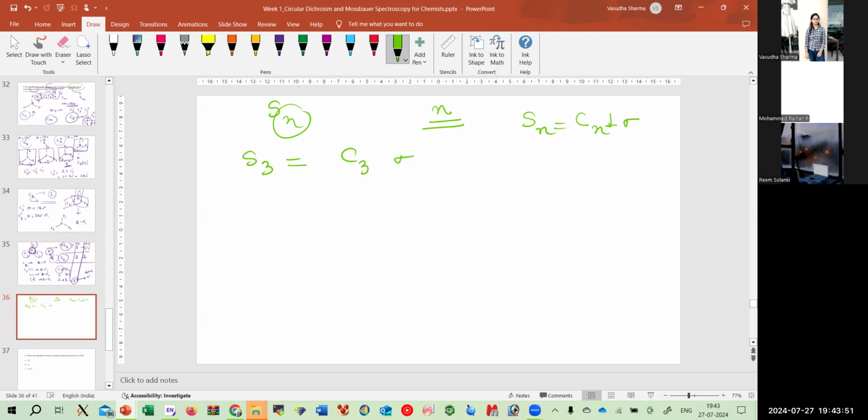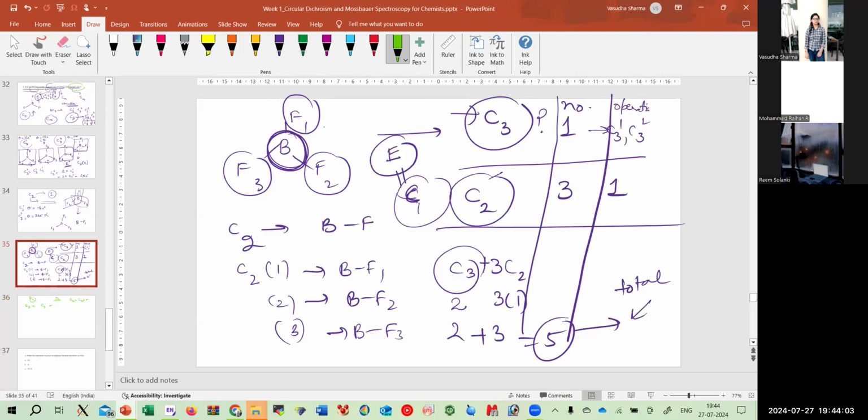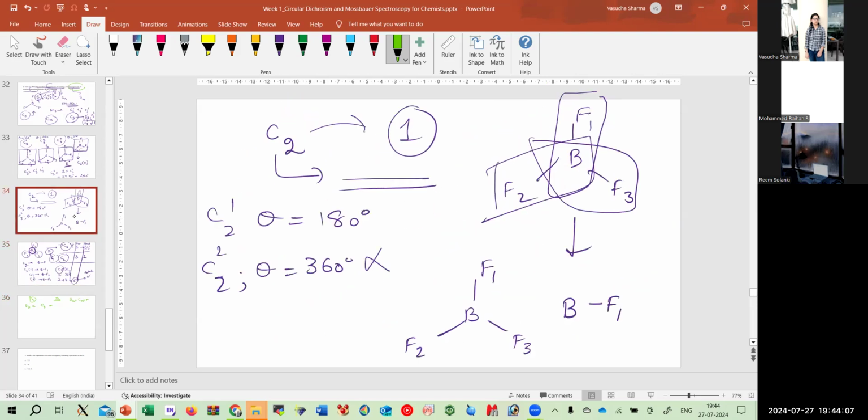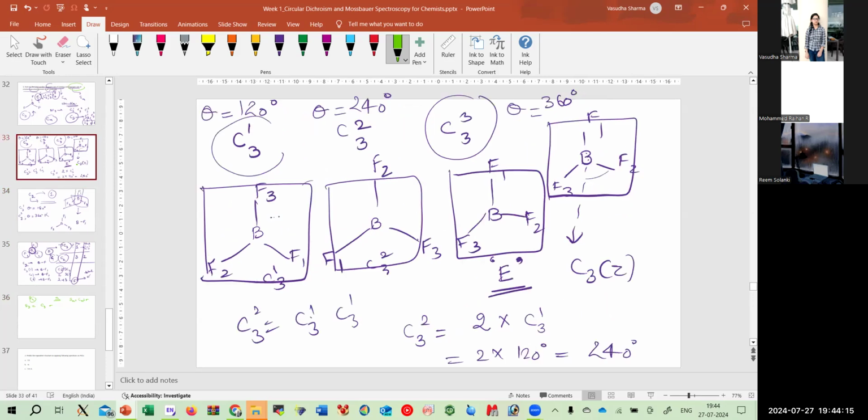Now we need to find out how many individual S3 operations there are. We will take multiples of these until we achieve the identity, the similar way we did for C3 and C2. We stopped at C2 because it achieved the identity, and we stopped at C3 because it achieved the identity.